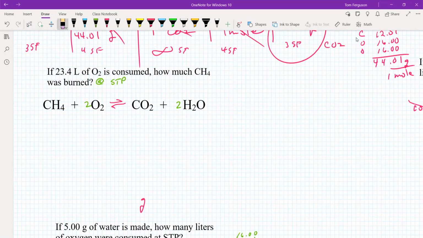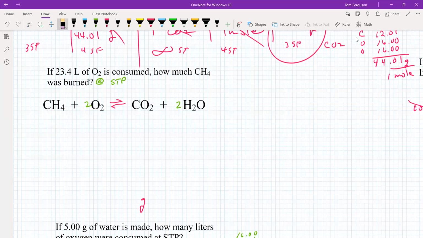I keep using the same equation because it's easy to balance, but it doesn't matter what the equation is, it's got to be balanced. And whenever we're dealing with oxygen gas, any of the gases, for our class, Chem A, it's at standard temperature and pressure.